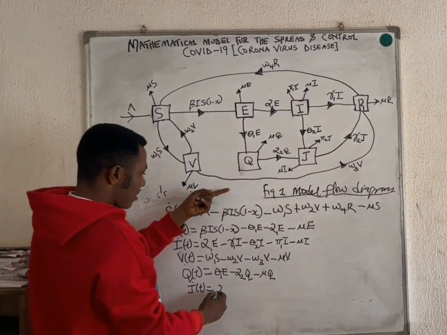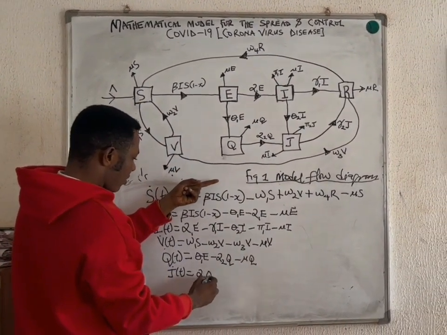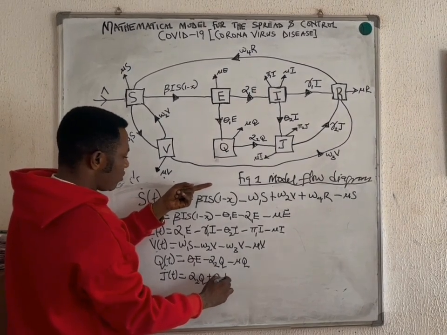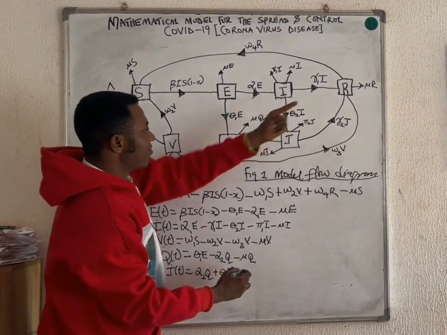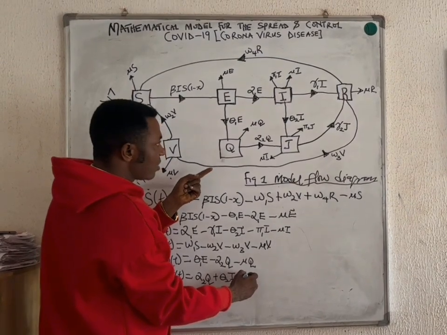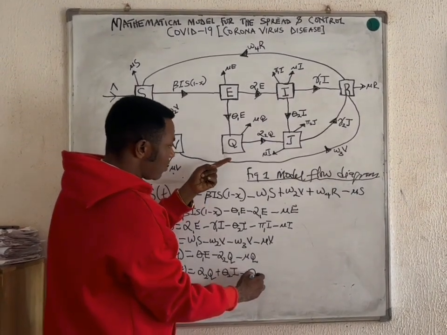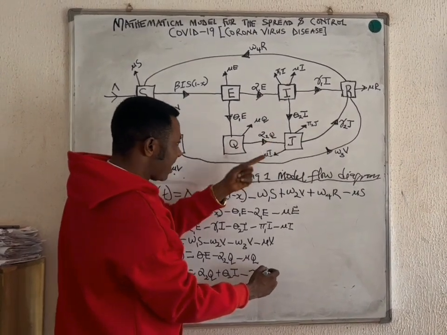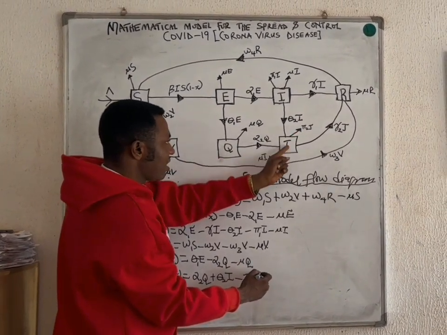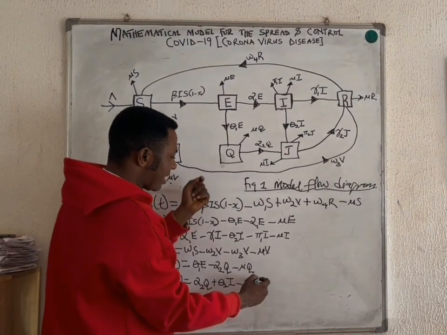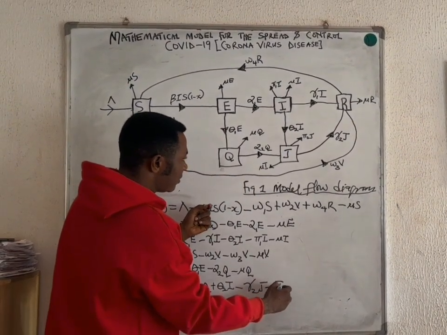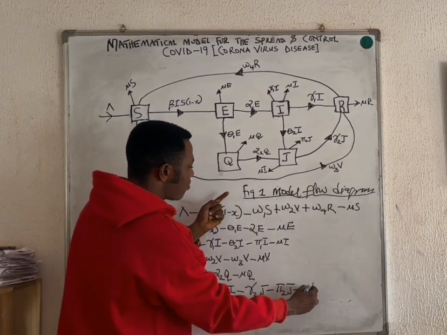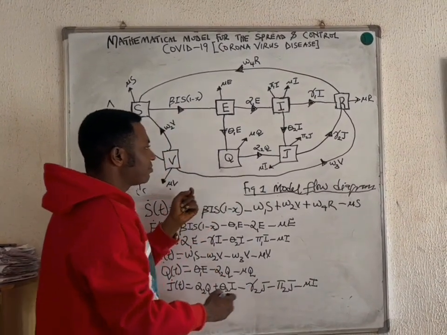So we now say alpha sub 2 Q plus theta 2 I. Then this is leaving, minus omega 2 J. This is leaving, that is the disease-induced death for the isolated but on treatment class, minus pi sub 2 J, then minus mu J. All right?